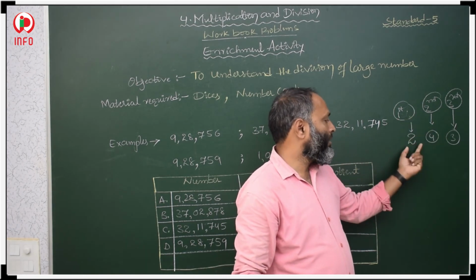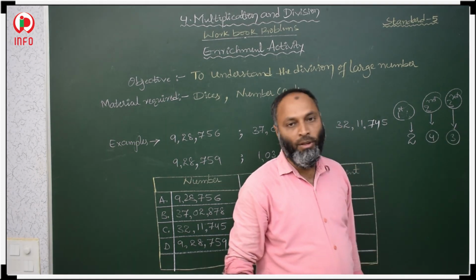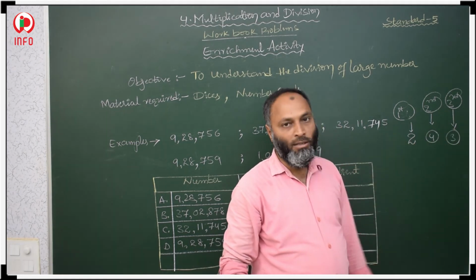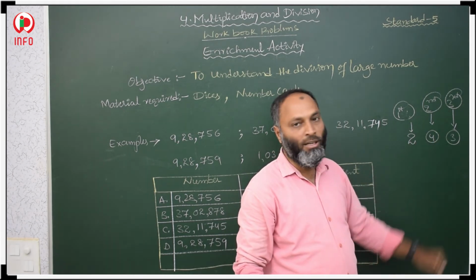So the first number is 2, the second number is 4, and the third number is 3.